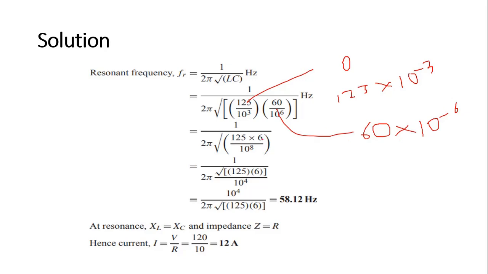And you press your calculator. If you do all this calculation, you should get this answer, 58.12 hertz. So the frequency is 58.12 hertz. And we know that at resonance, XL is equal to XC, and the impedance, as we said, Z is equal to R. So the current will now be equal to V over R.